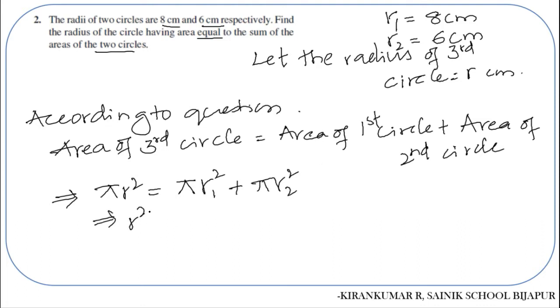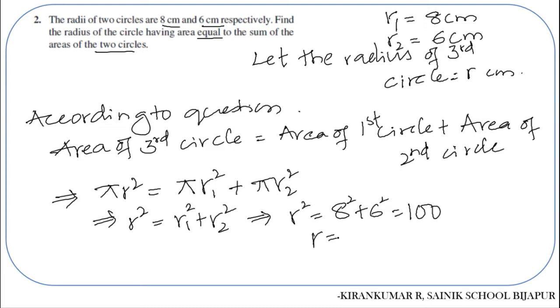So I get the relation r square is equal to r1 square plus r2 square, because the pi values get cancelled. So r square will be equal to 8 square plus 6 square. We get it as 100. So the value of r will be root 100, which is 10 centimeter. So the radius of the circle is 10 centimeter, where area of the circle obtained is sum of the areas of the other two circles.